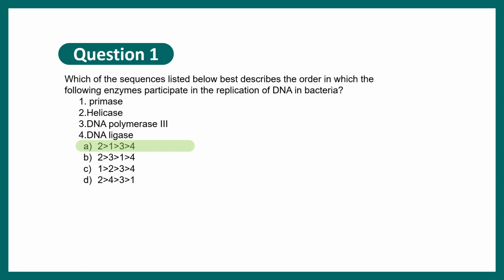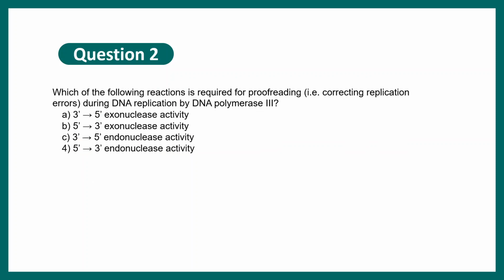Now let me tell you that these kinds of questions are very common in IIT JAM, where they ask about several enzymes used in central dogma processes like replication, transcription, translation, etc. So you can make a list of these. Question 2: which of the following activities is required for proofreading, that is, correcting replication errors during DNA replication by DNA polymerase 3?